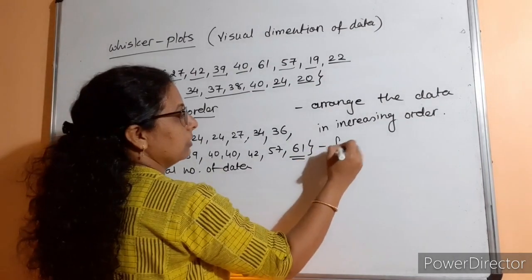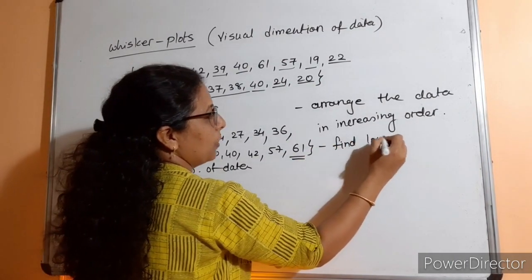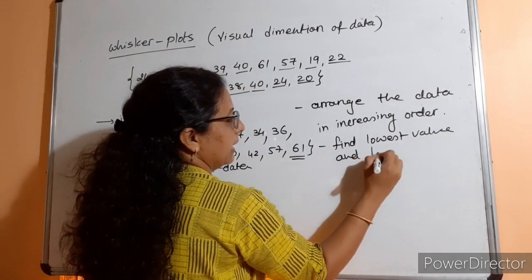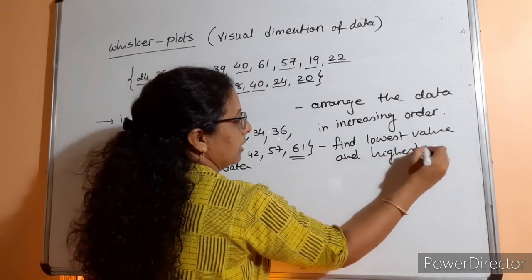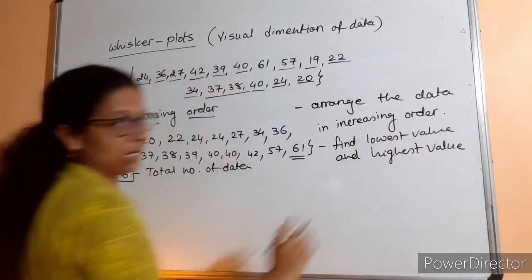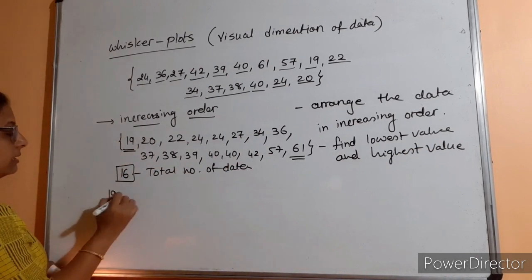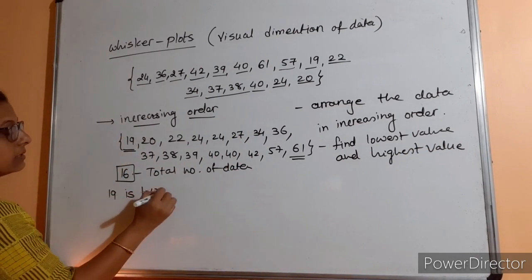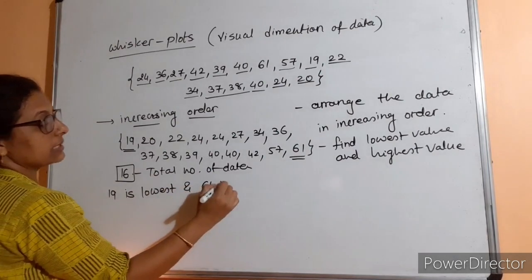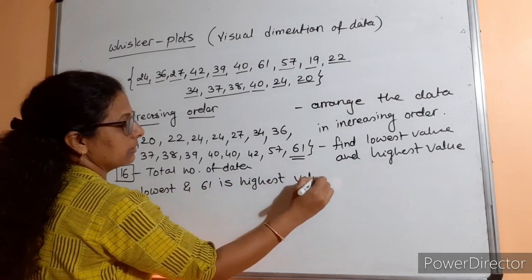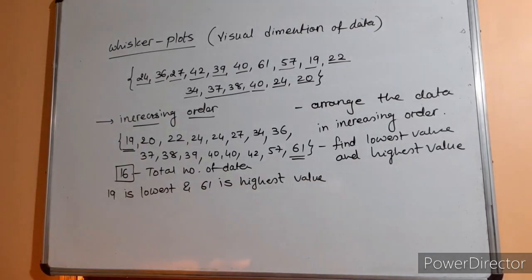So now find the lowest value and highest value. Here 19 is lowest and 61 is highest value. That is the data, right? We know that, right? Okay.